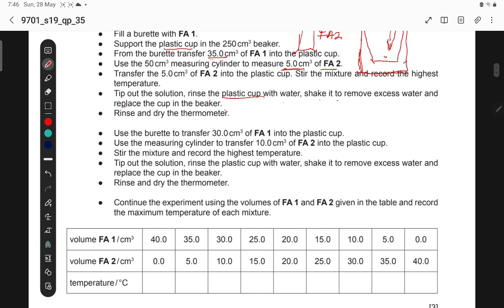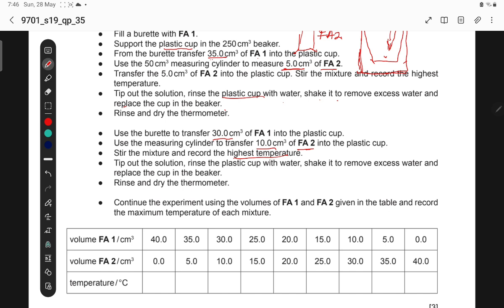Next, use the burette to transfer 30 centimeter cube of FA1 into the plastic cup, and use the measuring cylinder to transfer 10 centimeter cube of FA2 into the plastic cup. Stir the mixture and record the highest temperature. Tip out the solution, rinse the plastic cup with water, shake it to remove excess water and replace the cup in the beaker.